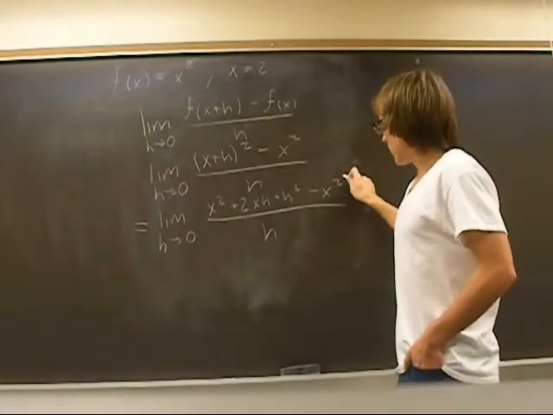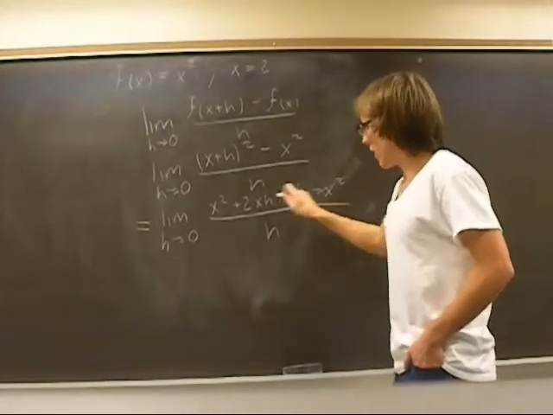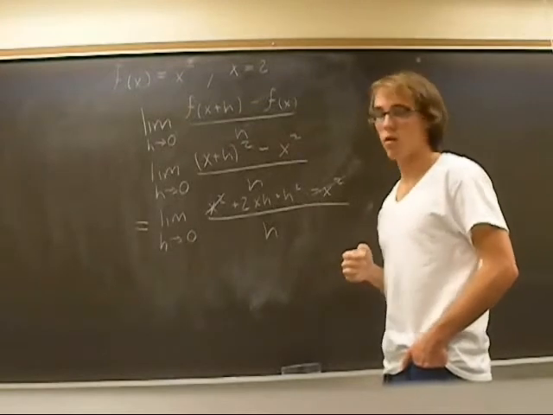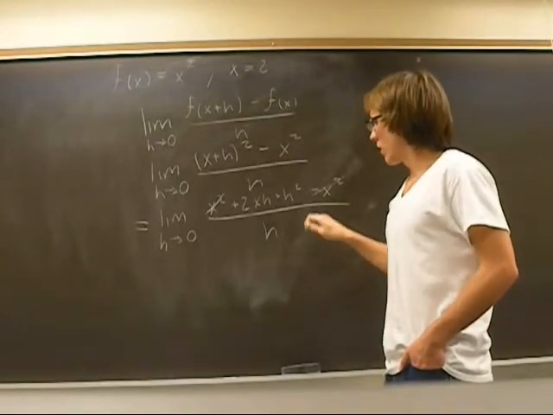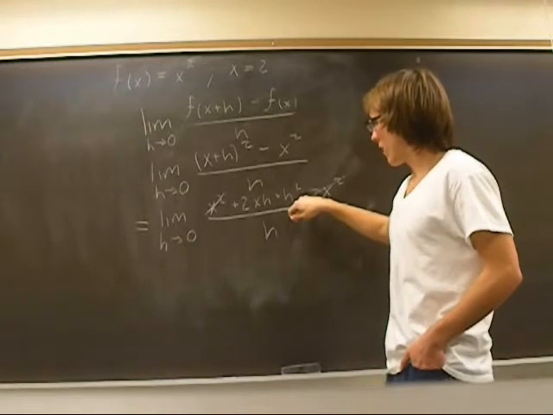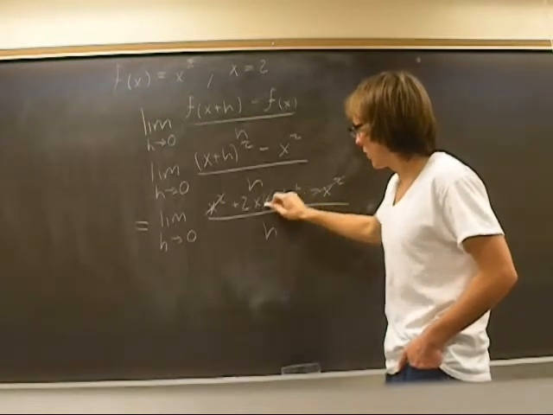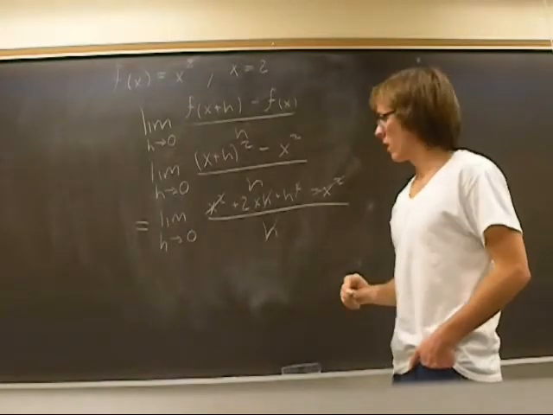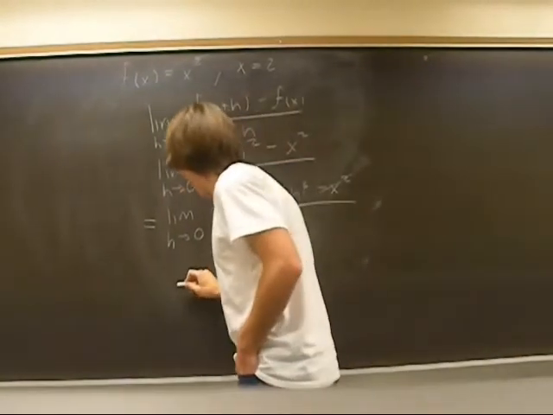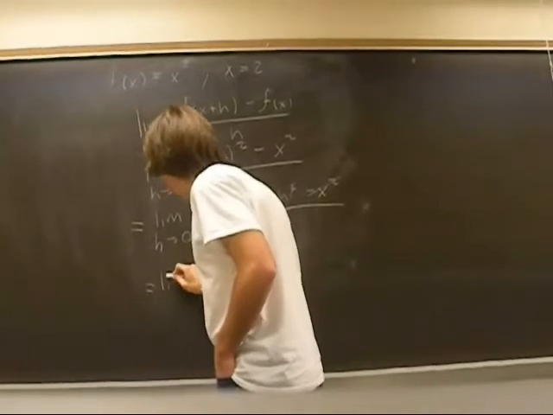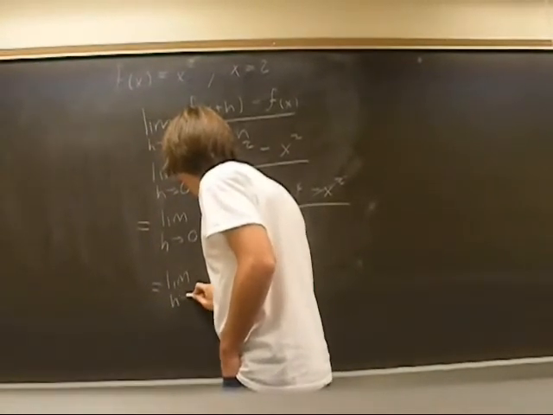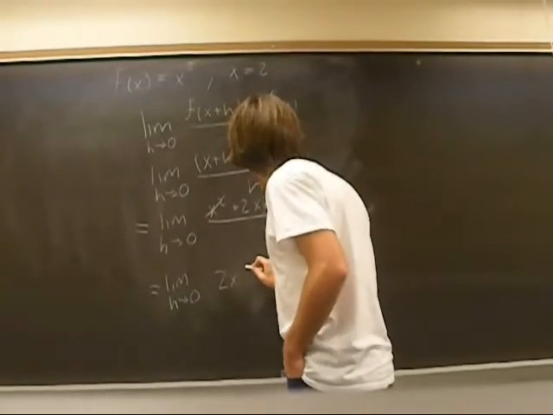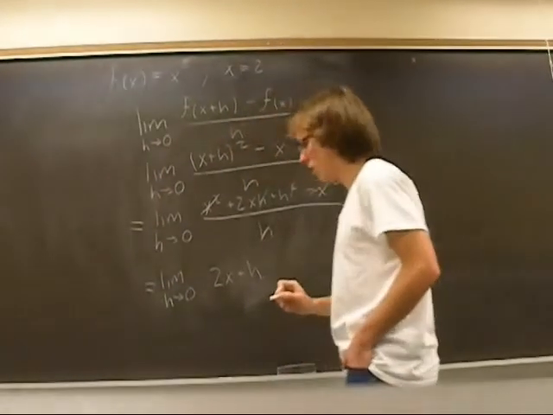So we see here that these x squareds already cancel out. And now we're left with 2xh plus h squared over h. So we can actually factor out an h from the top and get rid of the one on the bottom too. So now we're left with the limit as h approaches 0 of 2x plus h.